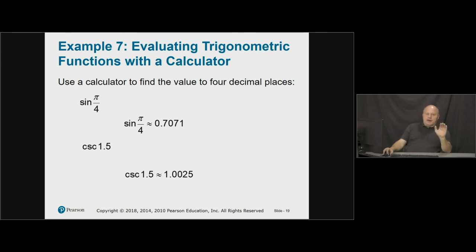On your screen it'll say 1 divided by sine, and then 1.5 enclosed in parentheses. Then you hit enter, and 1.0025 rounded would be your final answer because we're rounding to 4 decimal places. So that is basically the summary of this section.